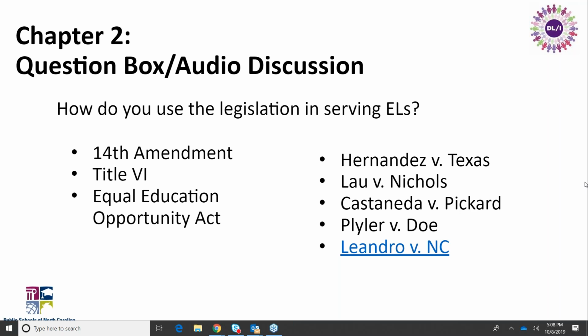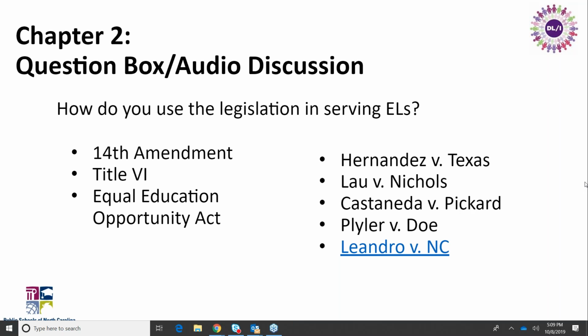But it's really an opportunity to educate people about how we want to serve students based on these past cases or based on current policy like Title VI. So consider, when you're thinking about the legislation, how can you use that to educate others about what we do in helping students learn languages?